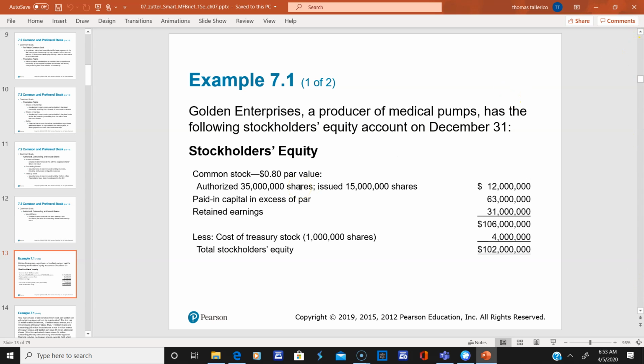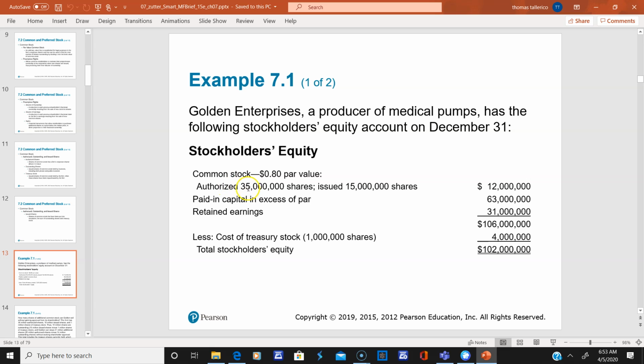Okay, so let's look at this example here. And basically, here's this company here. Here's the par value. Everyone see the par value? Right there. This is the par value. And here's 35 million shares are authorized.